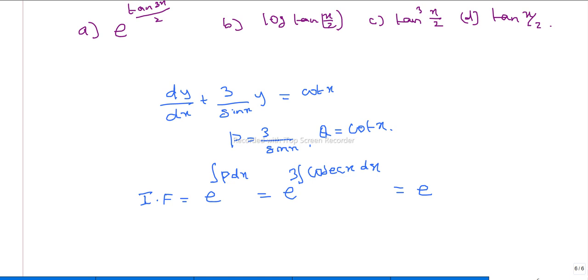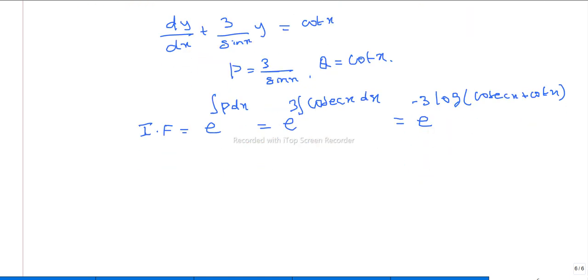So it is e power 3 times log of cosecant x minus cot x. We have to put the minus also.